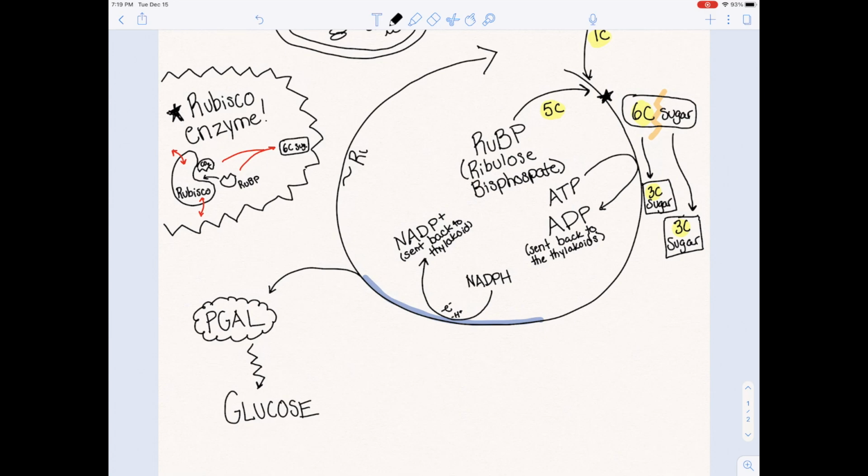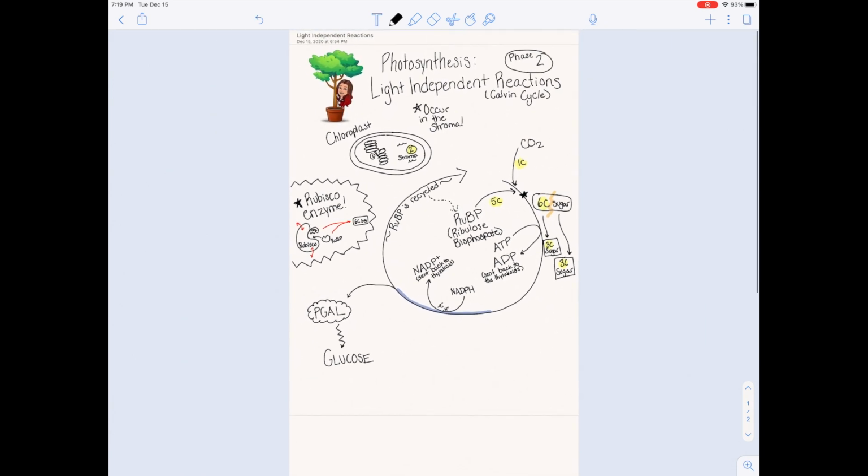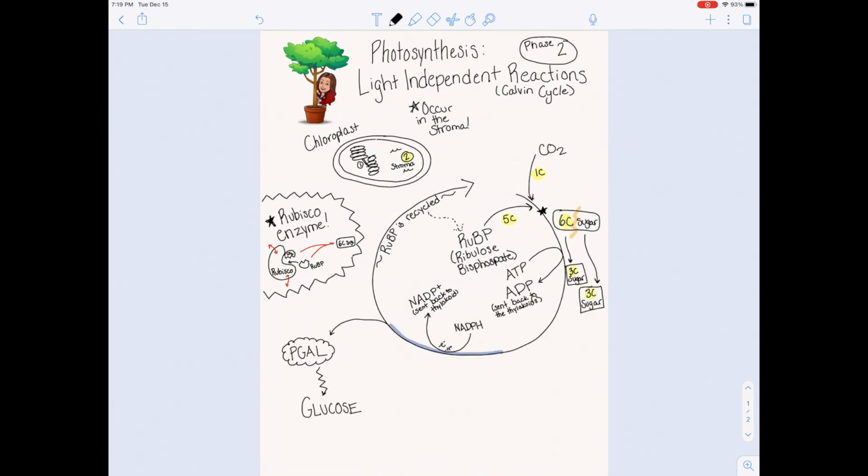The only other thing I want to bring to your attention, the RUBP is recycled. And because we can keep using that over and over and over again, we can call this whole thing a cycle.